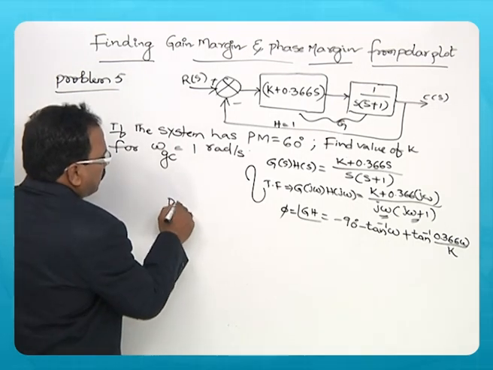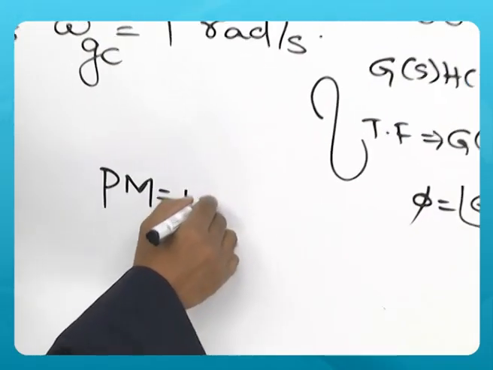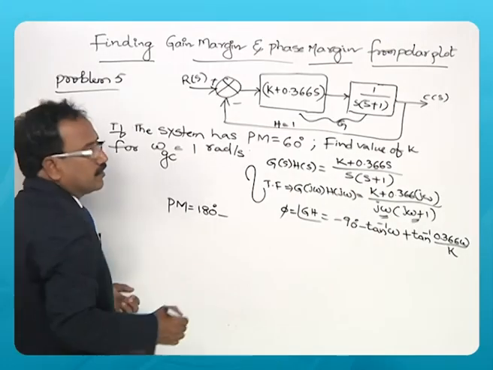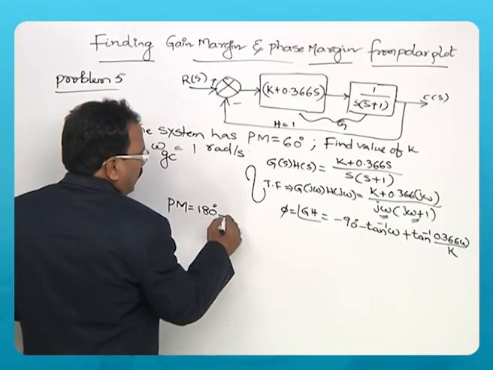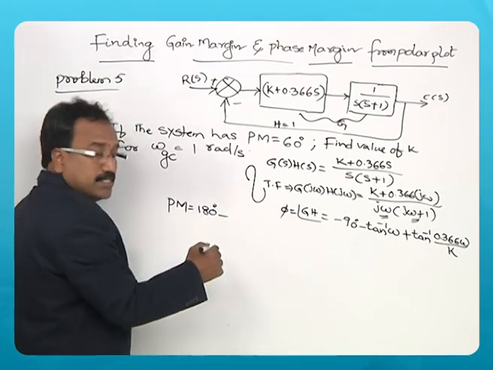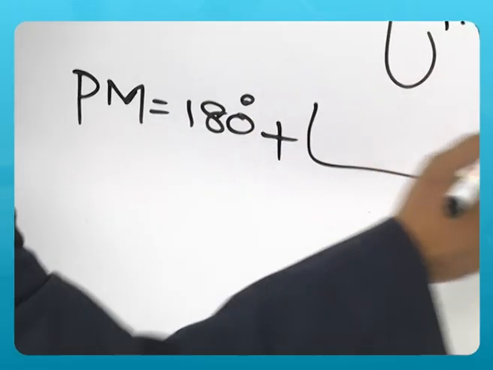The expression for the phase margin is 180 plus the phase angle term.